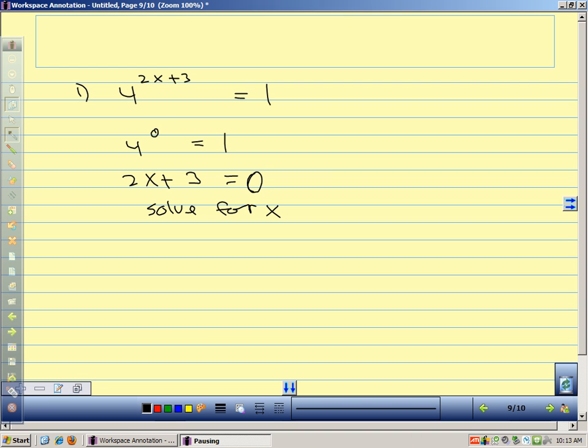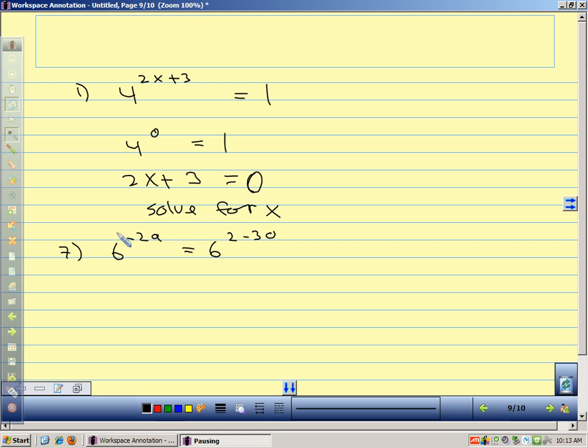Let's look at something like number 7. Number 7 says 6 to the negative 2a equals 6 to the 2 minus 3a. If we raise a number to two exponents, what's the only way that they're going to be equal? What's the only way that the two sides are going to be the same?